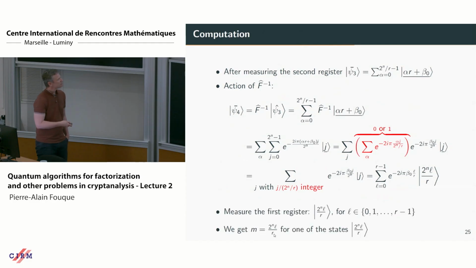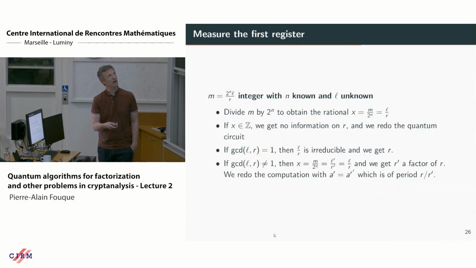So we measure the first register, and we get an integer, for instance called m, which will be one of all of these values. Now I will explain how we can finish, it's not too complicated.